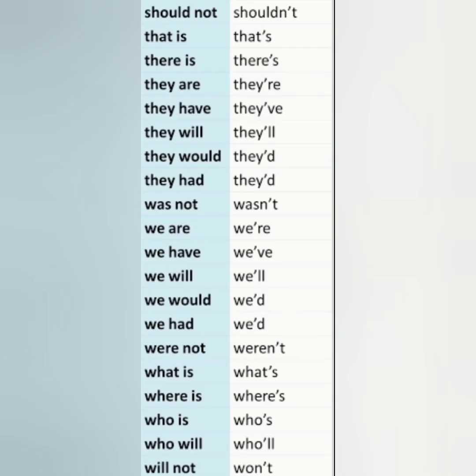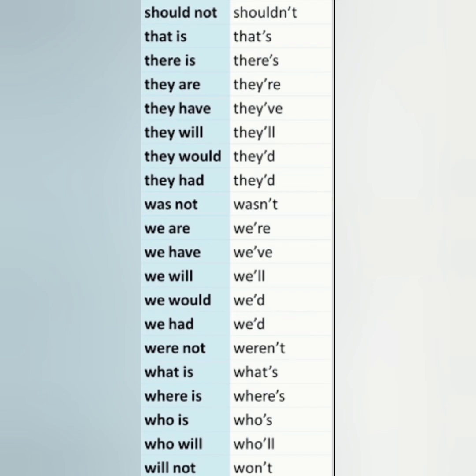Let's see a few more examples like should not, shouldn't, that is, that's, there is, there's, they are, they have, they will, they'll, they would, they had, was not, wasn't, we are, we have, we will, we would, we'd, we had, were not, weren't, what is, what's, where is, where's, who is, who's, who will, who'll, will not, won't.